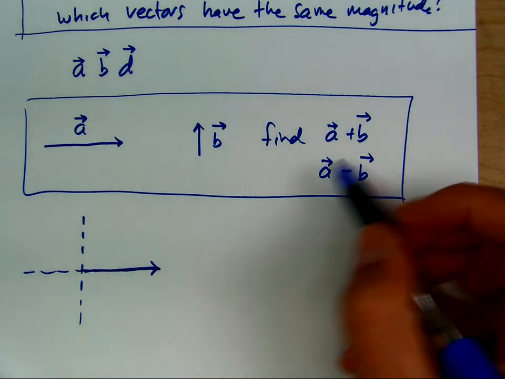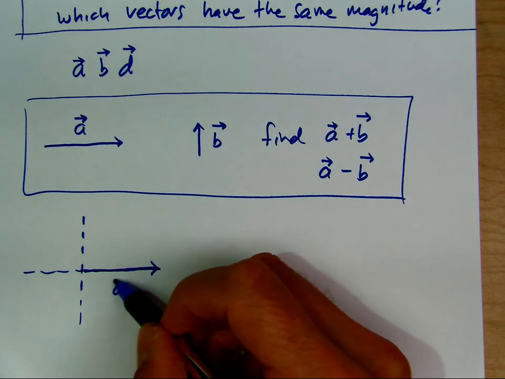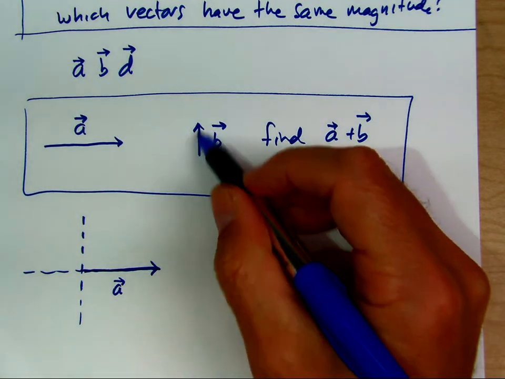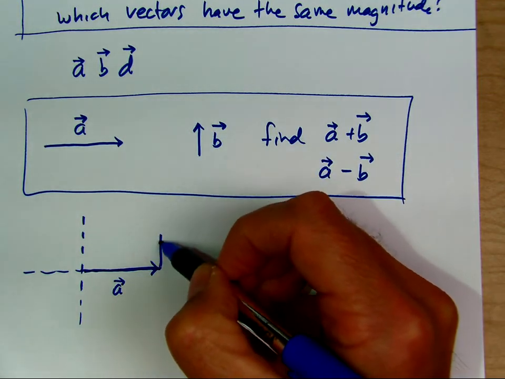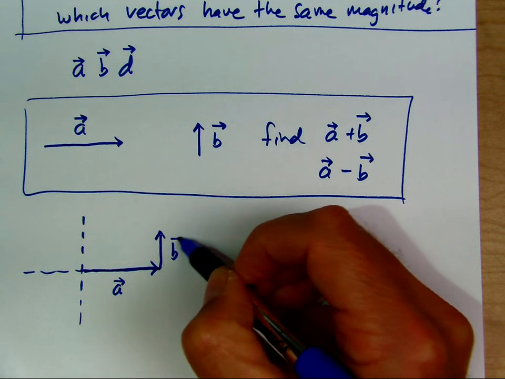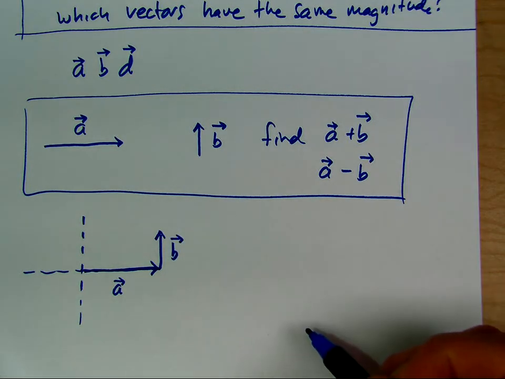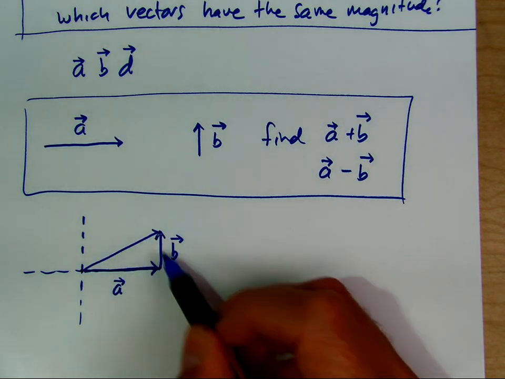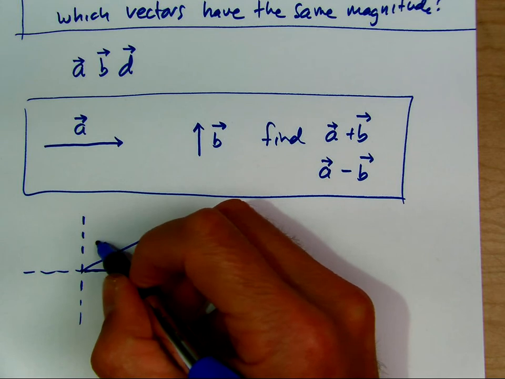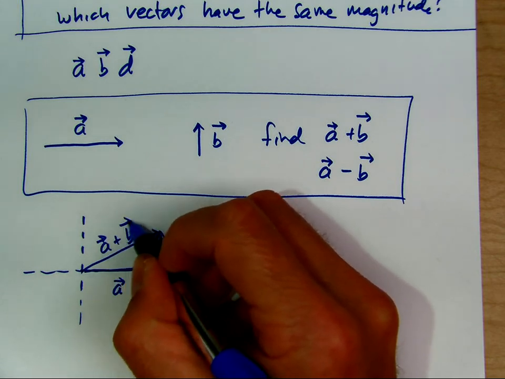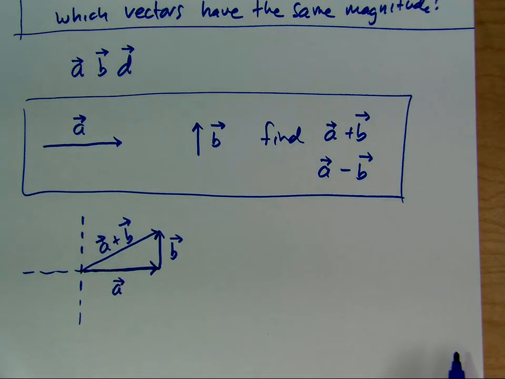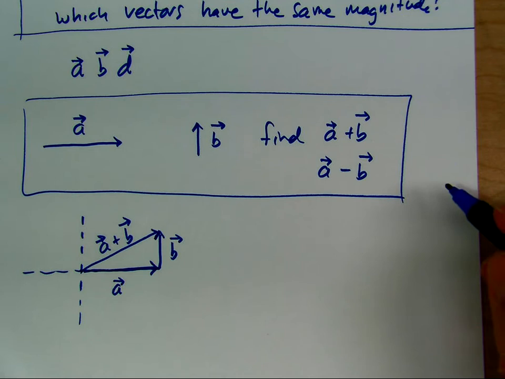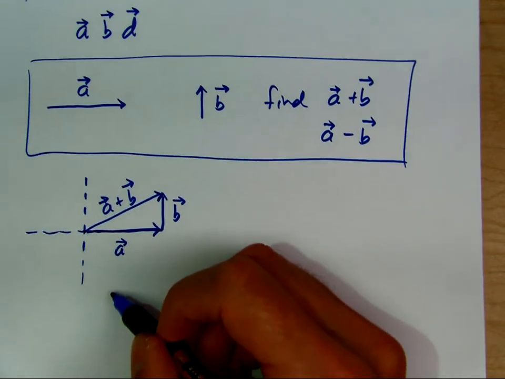And then at the end of A, I'll draw B, so I need about the same magnitude there. And the vector connecting the beginning of A to the end of B is called the resultant, and that is A plus B. Alright, so that is A plus B.